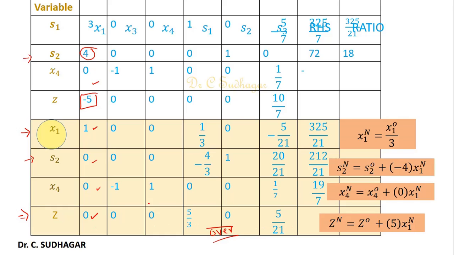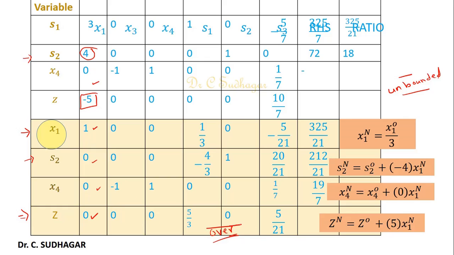Sometimes it will keep looping again and again. In that case you can say the problem is unbounded, there is no solution for that. Okay, that is also possible. So here we are getting all the numbers positive, that means this is over.